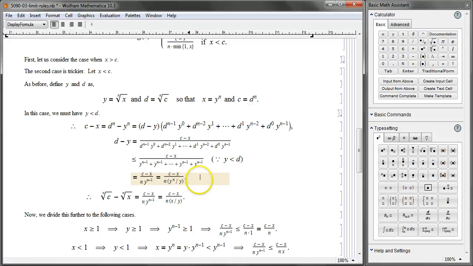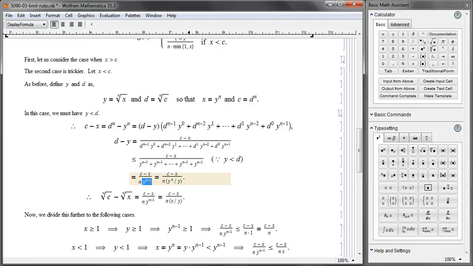And underestimating the denominator is trickier this time, because in order to underestimate, we have to get something smaller, and y is smaller than d. So replacing all the d by y, we get this expression, and we get y to the n minus first power.